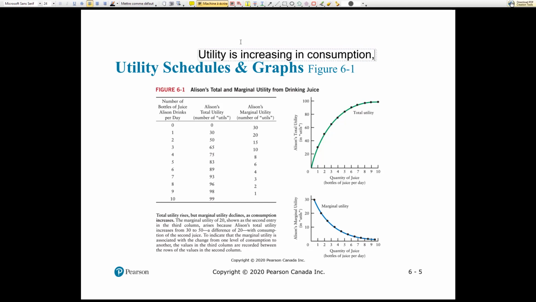But then the important part is the marginal utility here. And what is the marginal utility? It's the extra utility that Alison gains from this extra drink. From 0 to 1, the utility increases from 0 to 30, so the marginal utility of getting this first drink is 30.